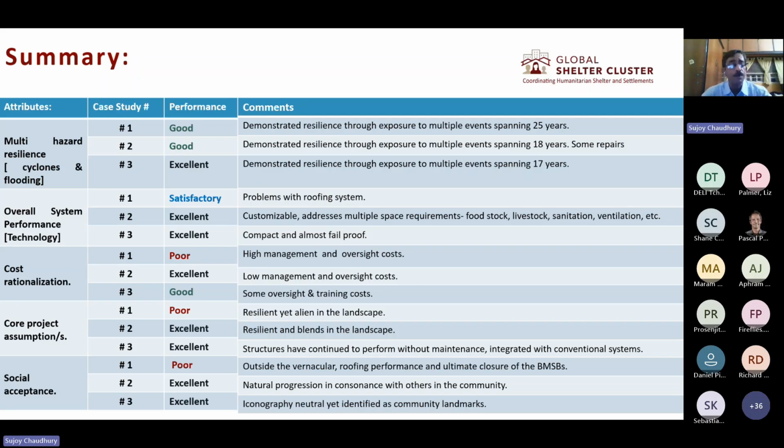Again, in terms of the core assumptions, the first project in Orissa, although the houses still exist, but you know, I like the word Seb was using, alien.